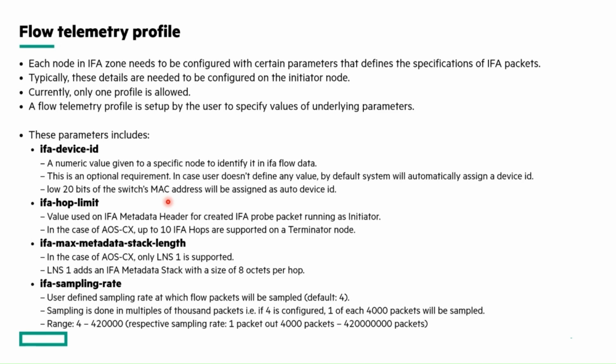The range for this value is between 4 to 420,000. So the respective sampling rate will make up to one packet. In case 4 is configured, it is one packet out of 4000 packets, and if it is 420,000, it will be around 0.42 million packets. Only one packet will be sampled.